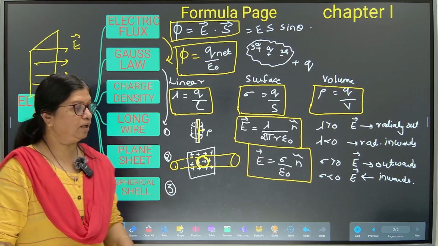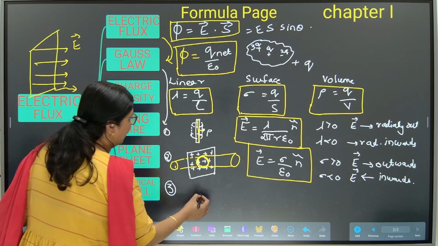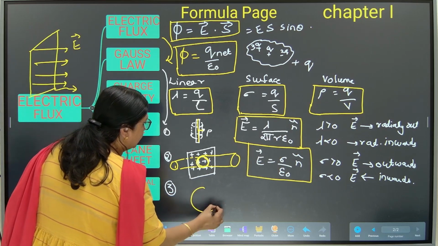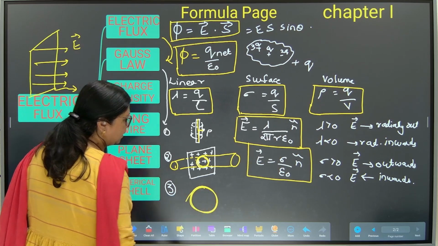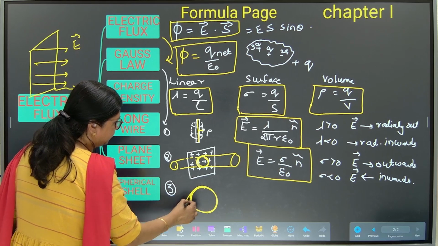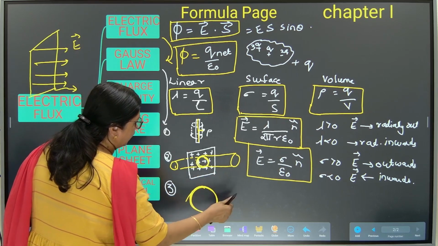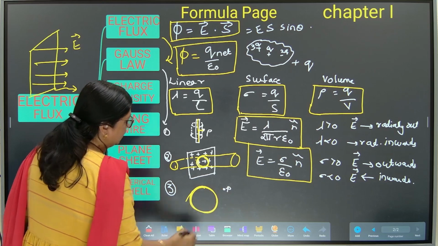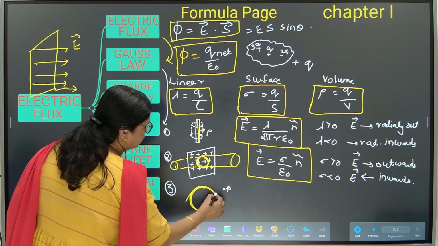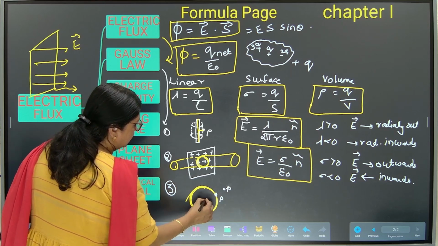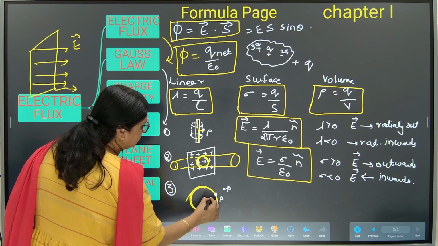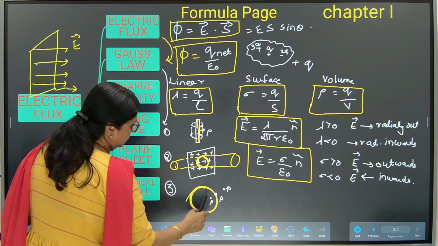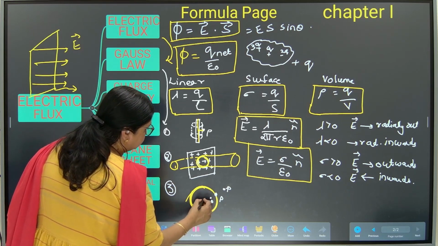In this shell, let us consider 3 points. This is our shell. So 3 points: 1 point is outside the shell, 1 point is on the shell, 1 point is inside the shell.